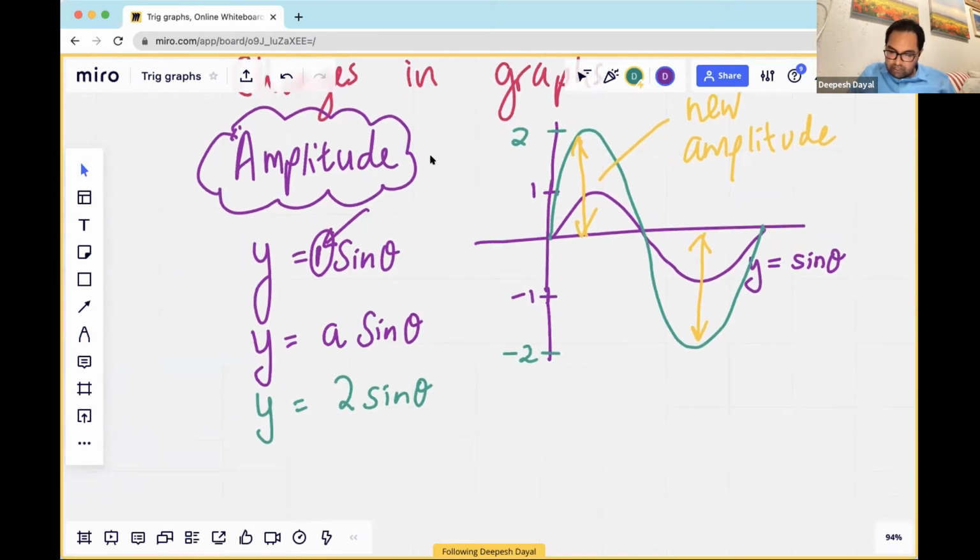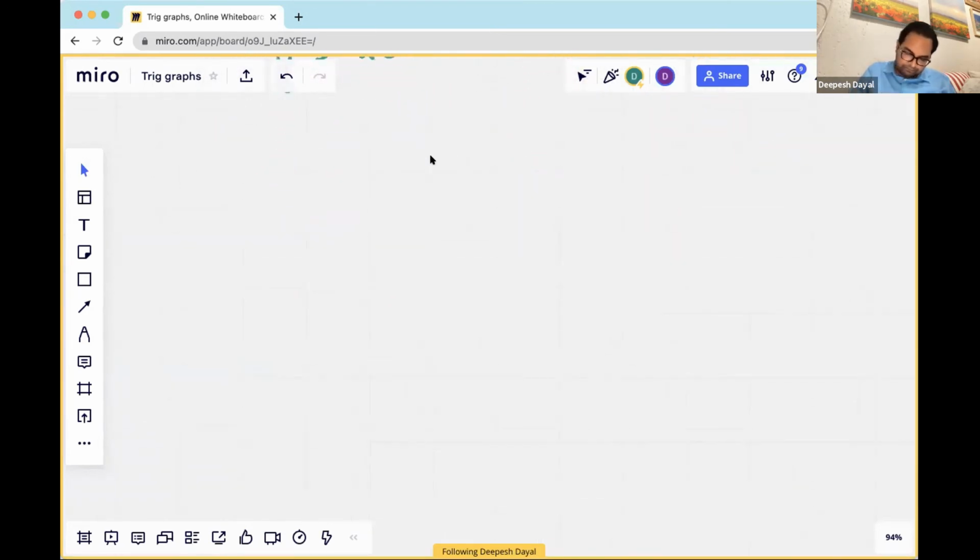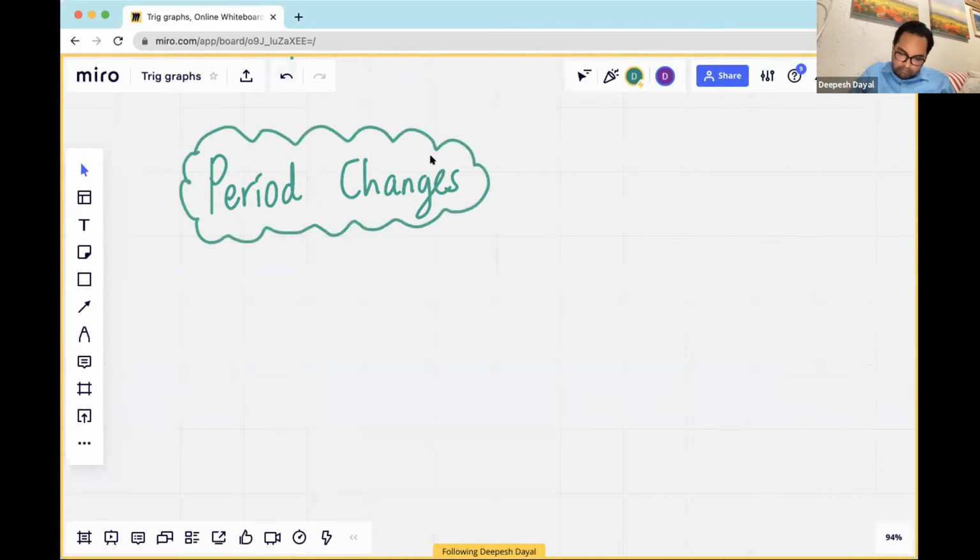Then we get changes in the period. So remember, let's write down our equation again. It's y equals a sine x. This is the standard, right?